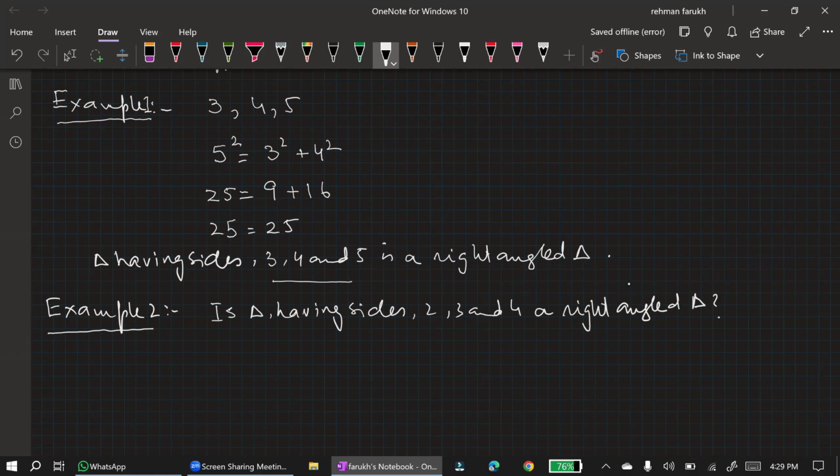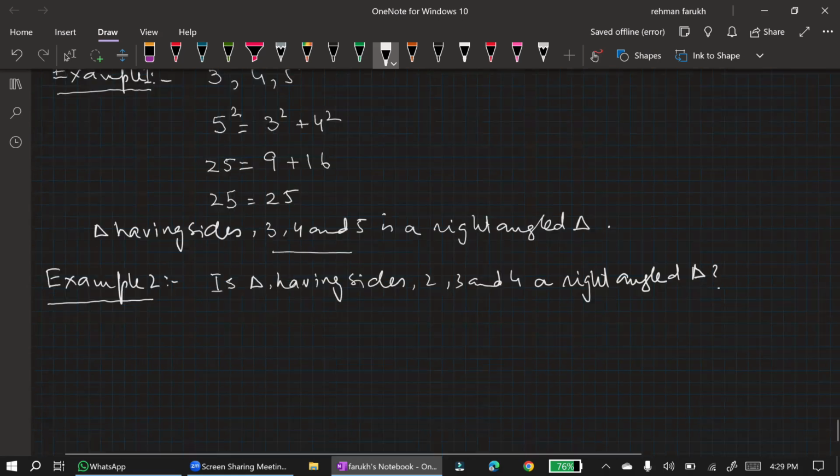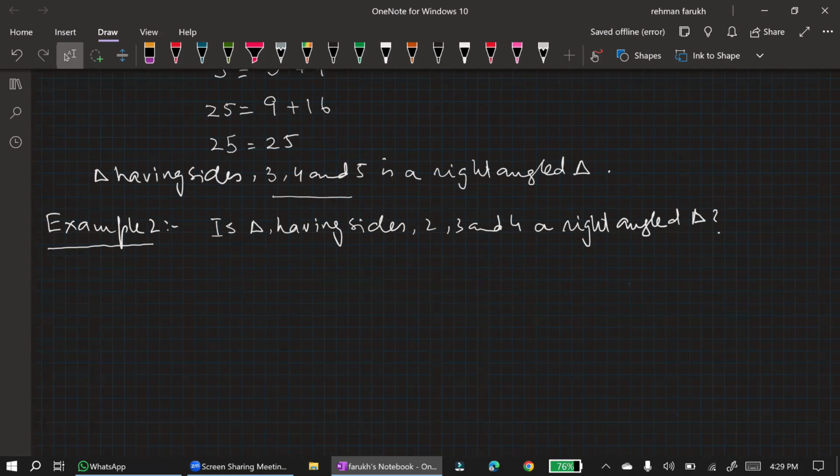Now we will put these three sides into the Pythagoras theorem: H square is equal to p square plus b square. If the two sides are equal, then this triangle is a right angle triangle. Otherwise, this triangle is not a right angle triangle.